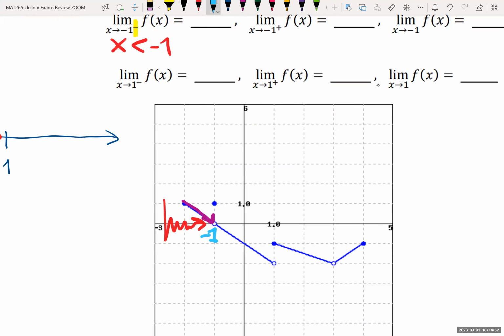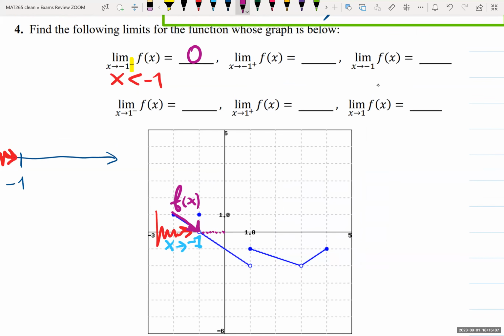So when x points at -1 from the left, the question is, what is f of x pointing at? What height is that? The height is 0. And that's how you think about it. You see, it's not the dot. So it's 0 pointing at stuff, even if that stuff is not defined. So don't be bothered by that when it comes to limit.